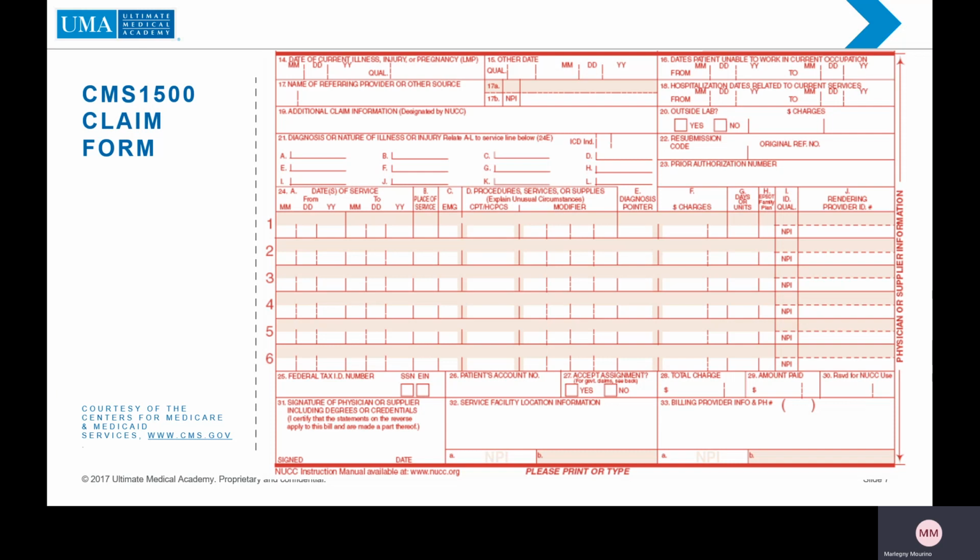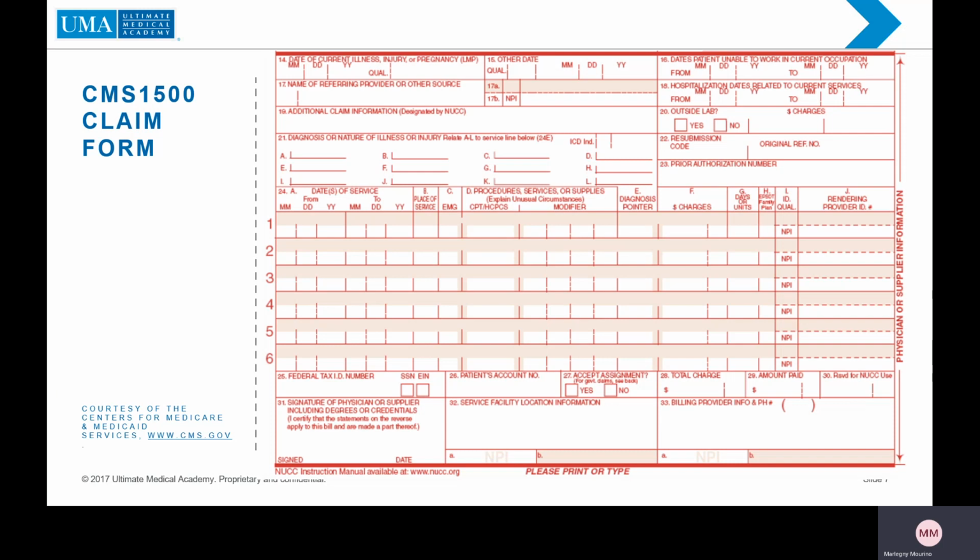For 18, over here on the side, this is hospitalization dates that are related to current services. So once again, you have from and to. So from 18 we go to 19, this is reserved for local use. So this is for use with specific carrier guidelines. They might have, hey guys, for box 19, this is what I need. So you have to make sure to have that information in there.